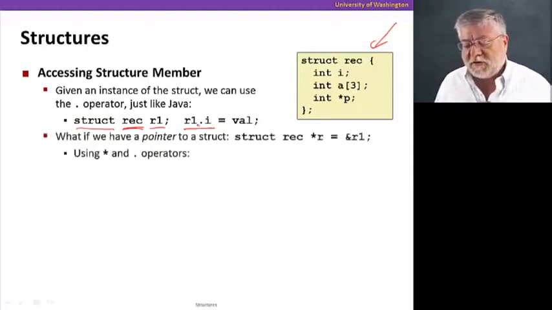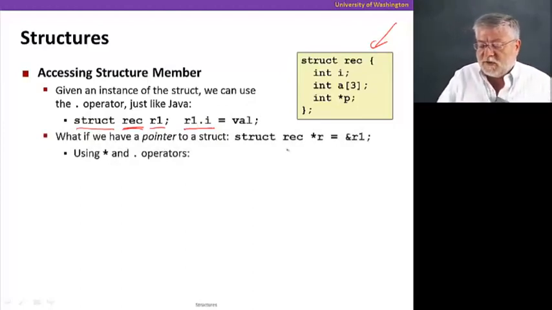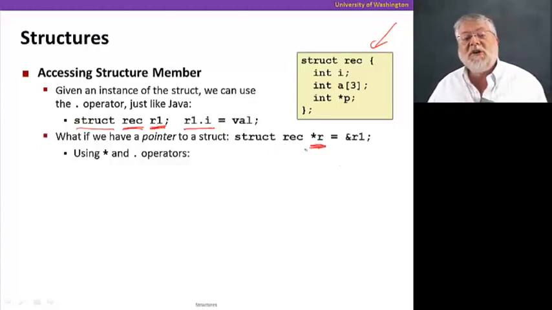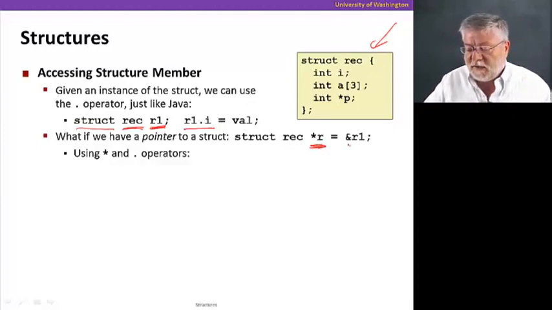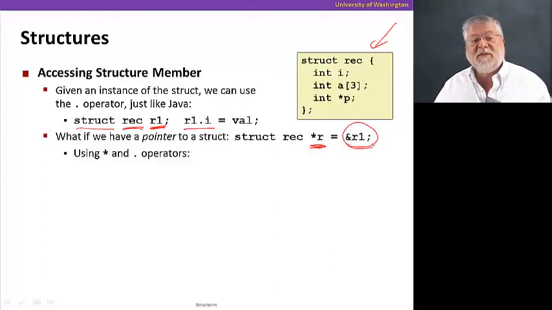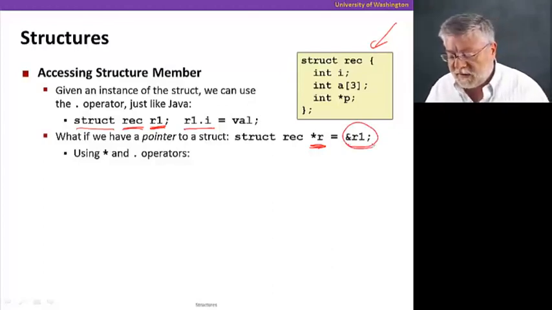Okay, if we have a pointer to a struct rather than the struct itself, in other words, we've declared not the struct R1 as we did in this case, but a pointer R to a struct of type rec. In other words, that would be something like the address of the R1 struct we declared previously.